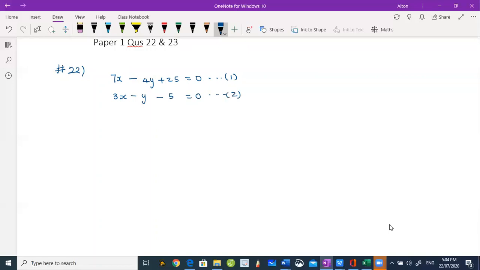Now, basically what's happening here is that you have two lines intersecting, and we are asked to find that point of intersection, which is the point P identified in the question. So from equation 2, we can use the method of substitution.